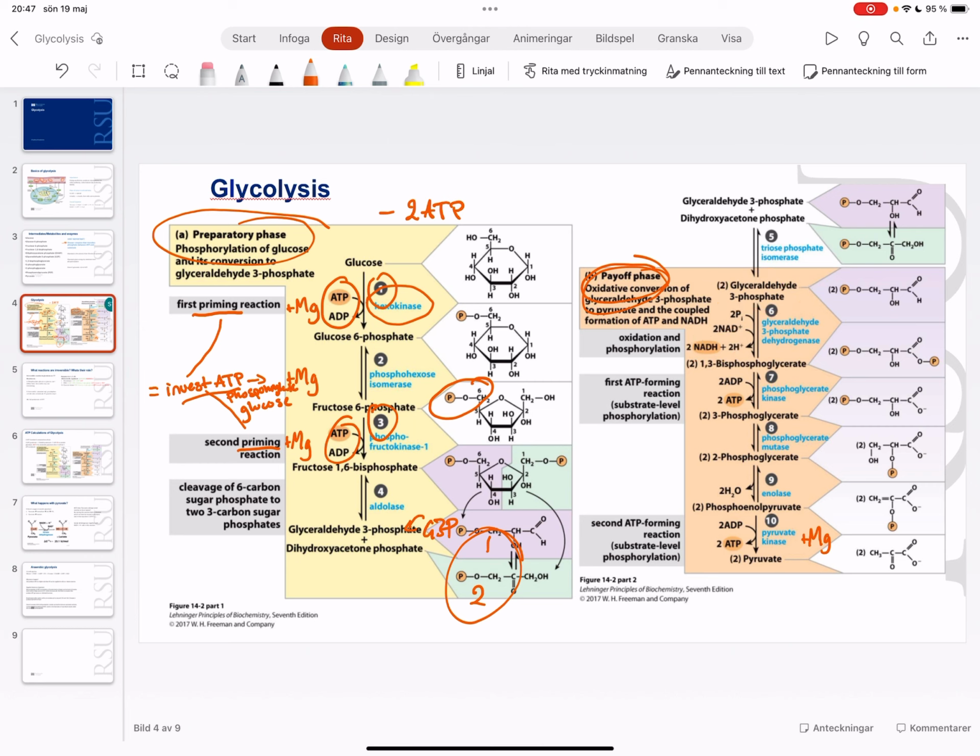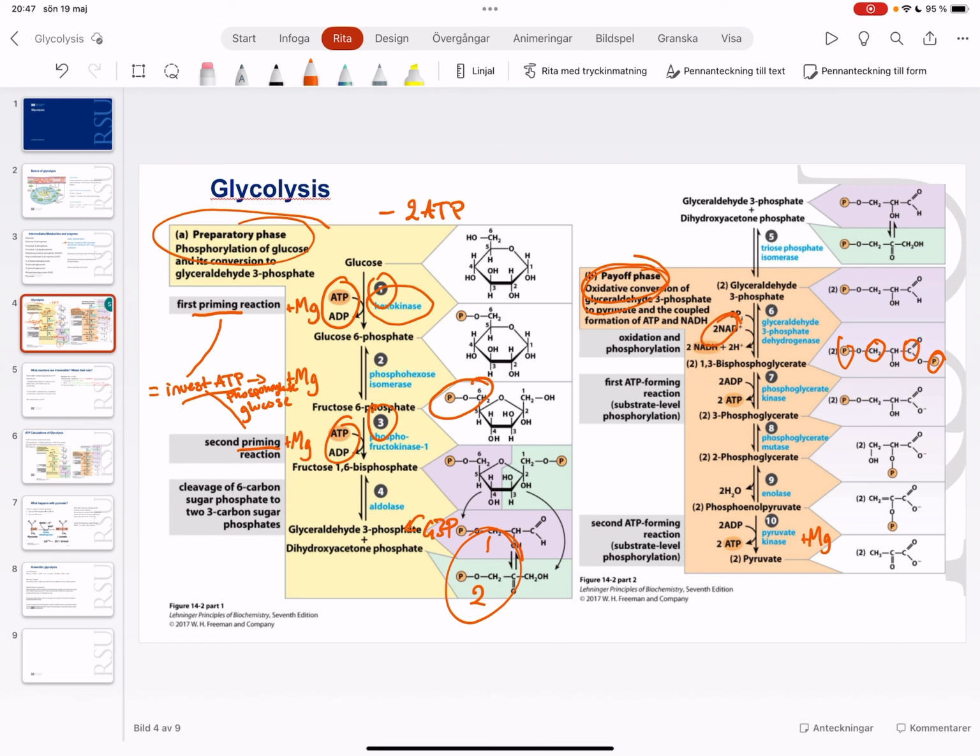And this is really important because when that happens and we get a 1,3-bisphosphoglycerate, what 1,3-bisphosphoglycerate means is that on the 1st carbon and on the 3rd carbon we will have a phosphate group here and here. So remember this, because I will talk about lactate and why lactate is produced. So remember this.